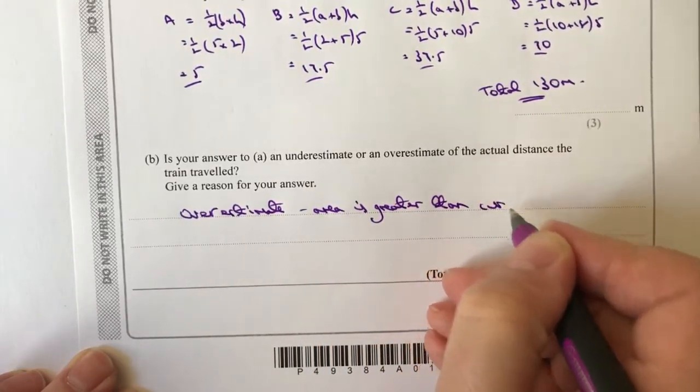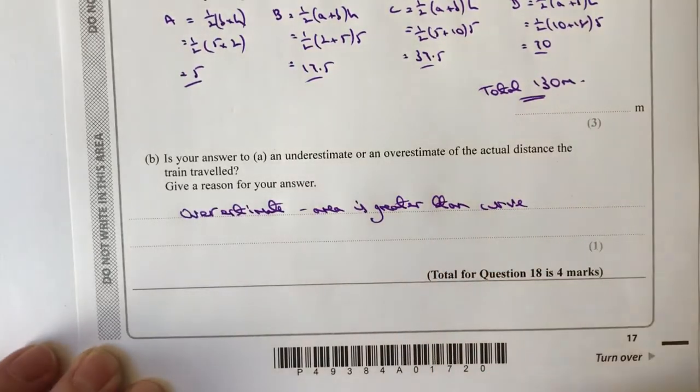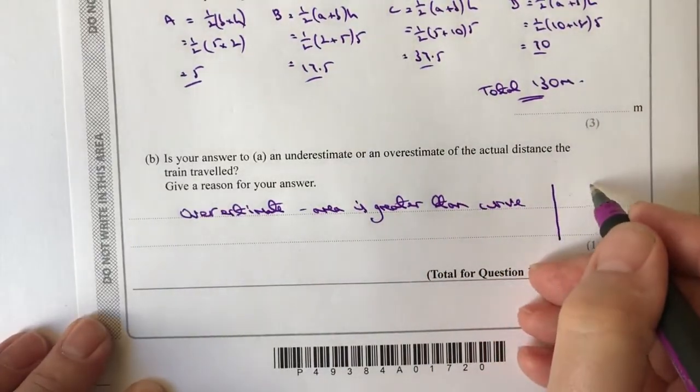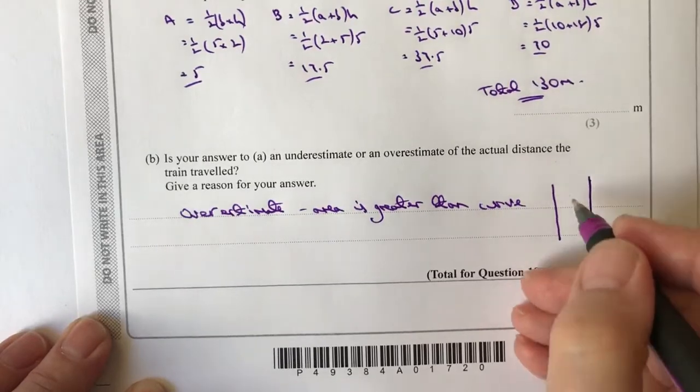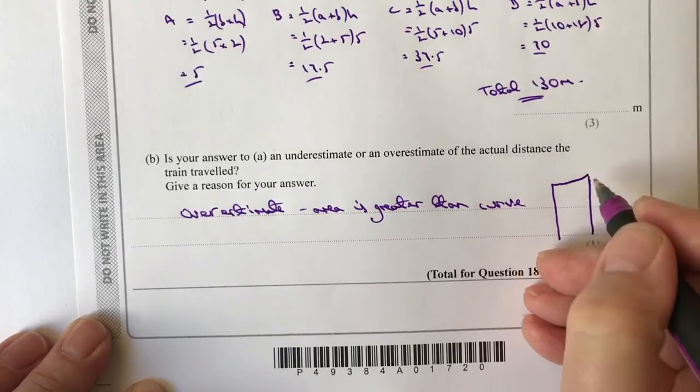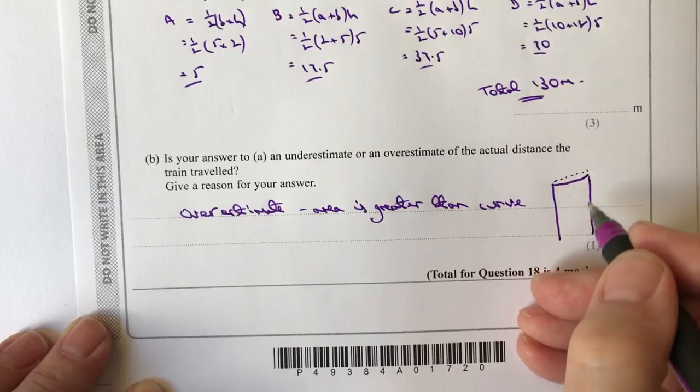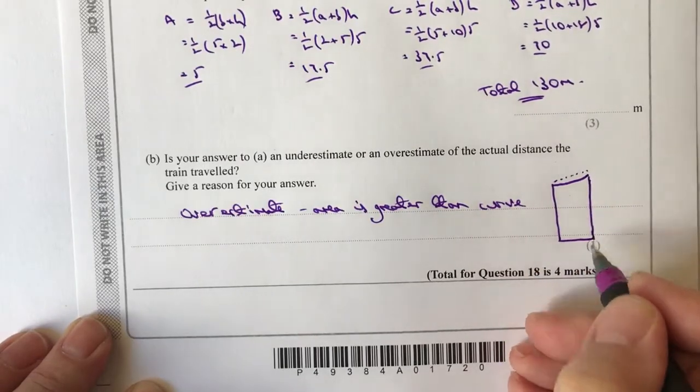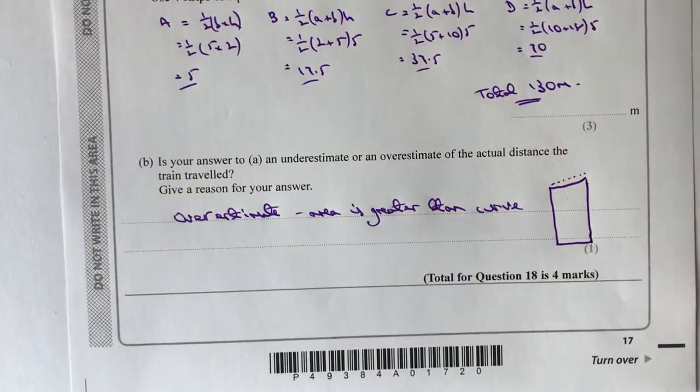Apologies for the awful writing here, but basically if we've got a curve like that, I'm actually working out this as a trapezium area. Hopefully that's all right for you.